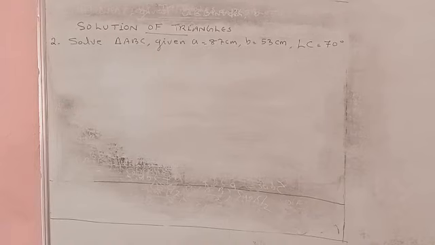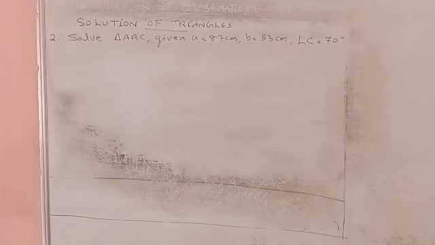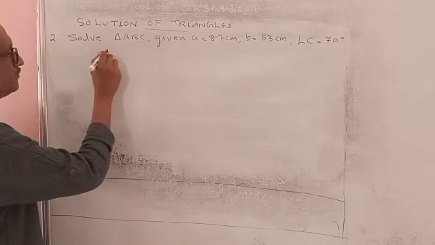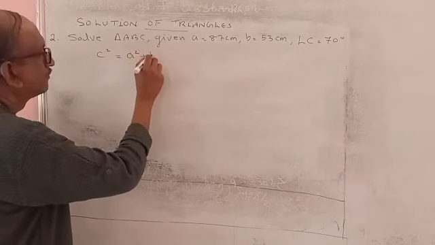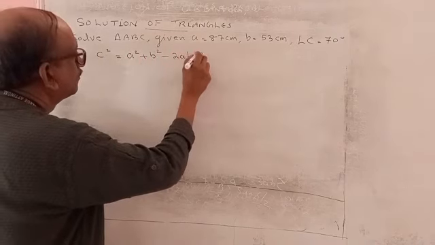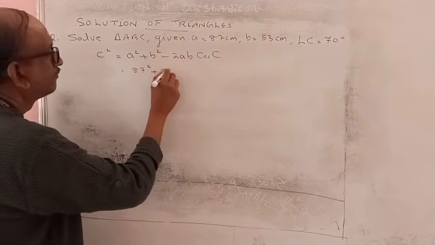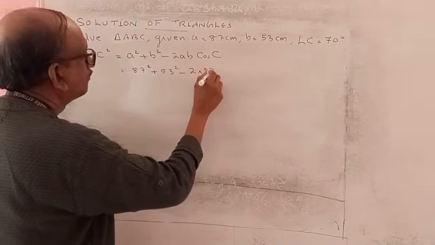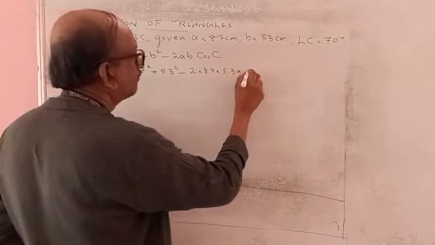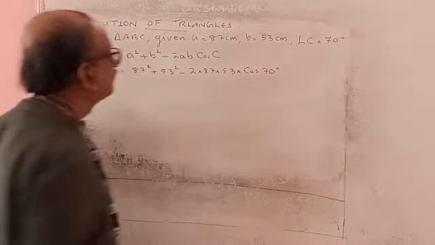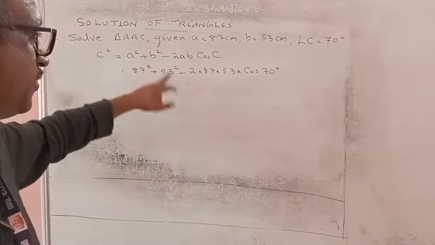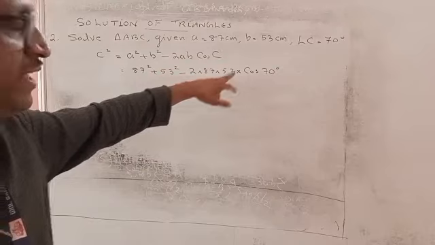We have to find the side small c and angles capital A and capital B. First use the cosine rule to find the third side c. c squared is equal to a squared, 87 squared, plus b squared, 53 squared, minus 2 into 87 into 53 into cos 70.